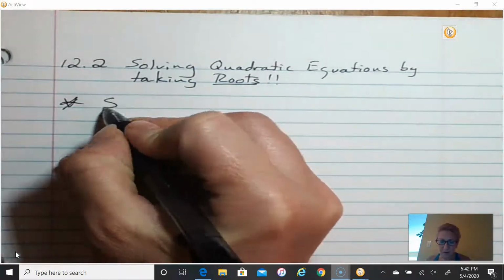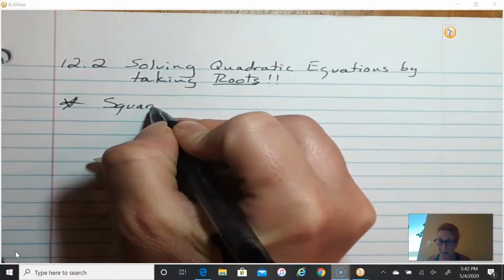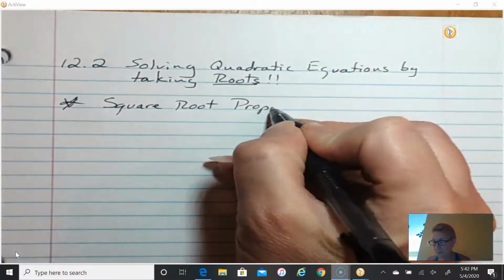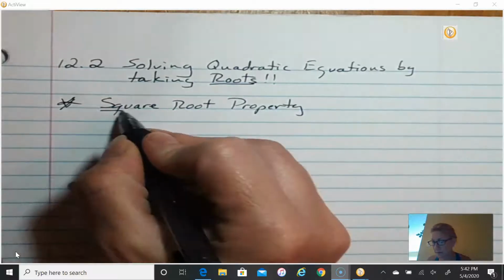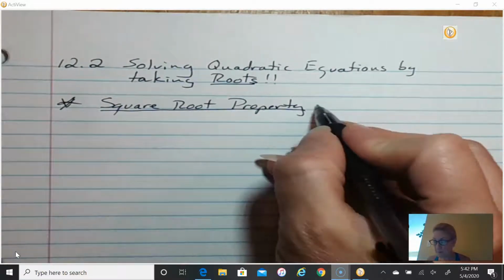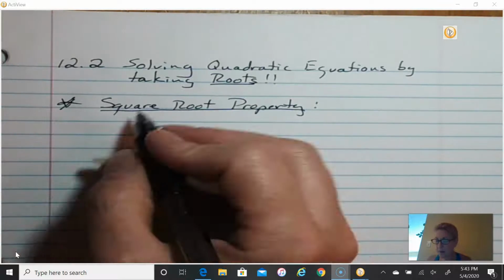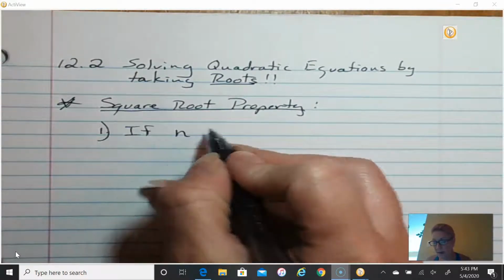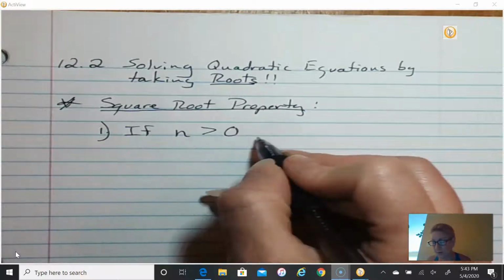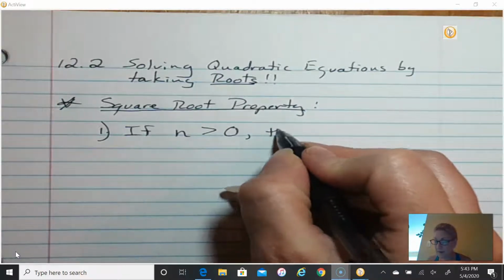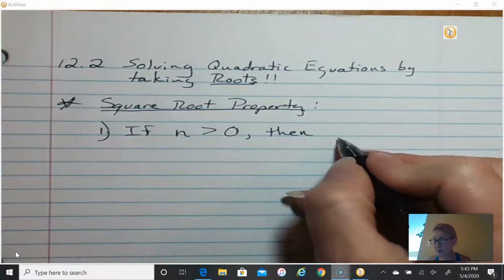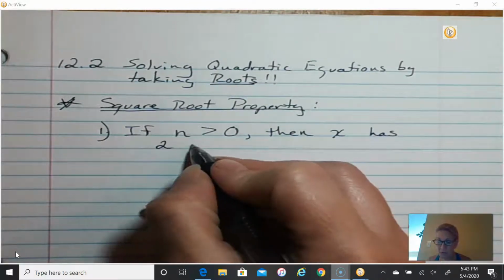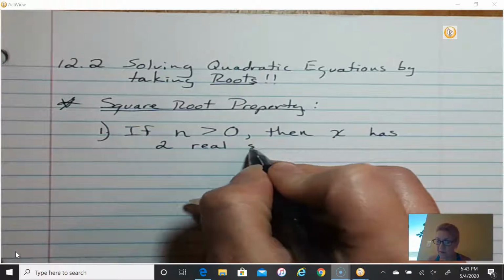All right, the first thing we're going to talk about is the square root property. Number one, if n is greater than 0, these are like rules, by the way, then x has 2 real solutions.